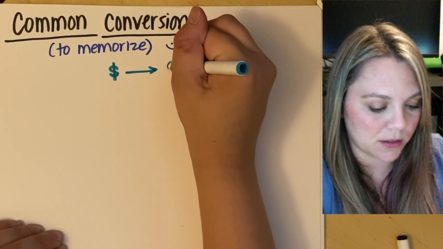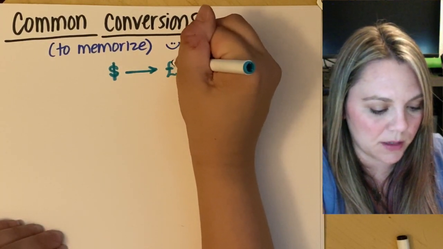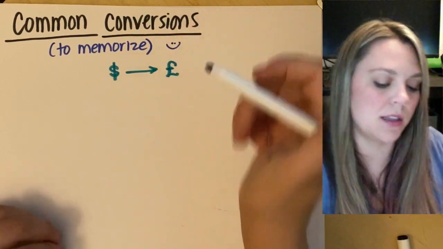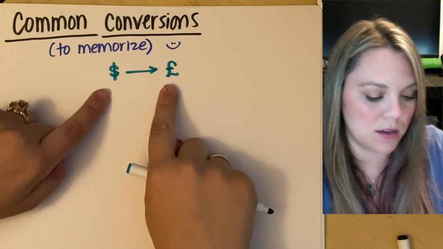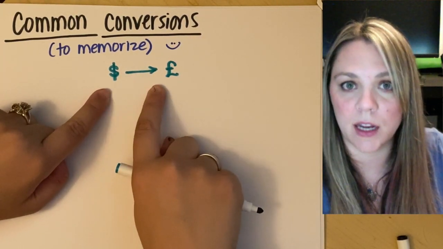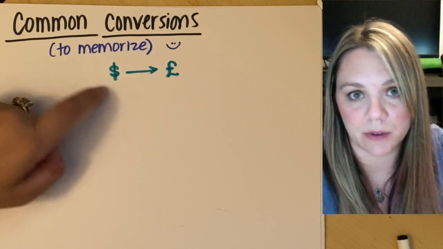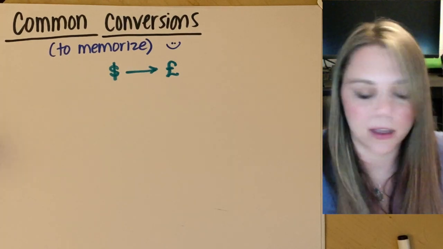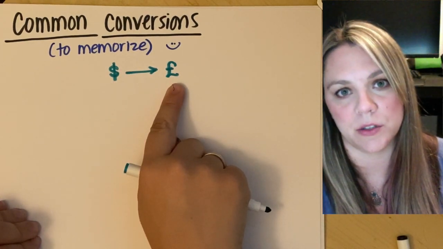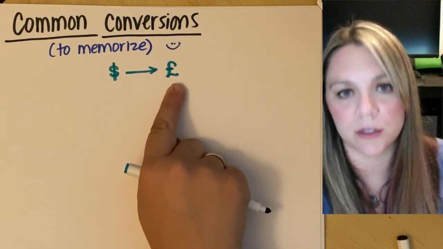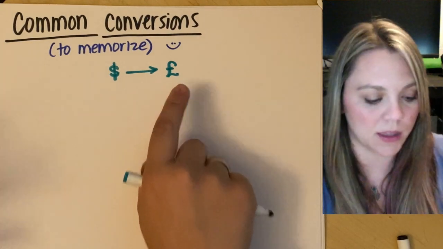I can never get their little symbol correct, but we'll pretend that that's the symbol for the British pound. If I was traveling and I got to London, I could not use American dollars, right? I can't use American money. In there, I would have to convert my money into a currency that would make sense there. That's all converting is.